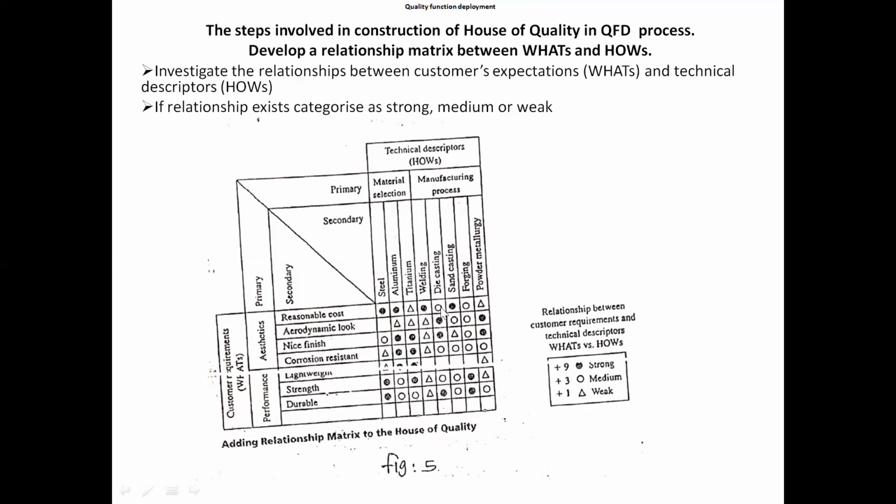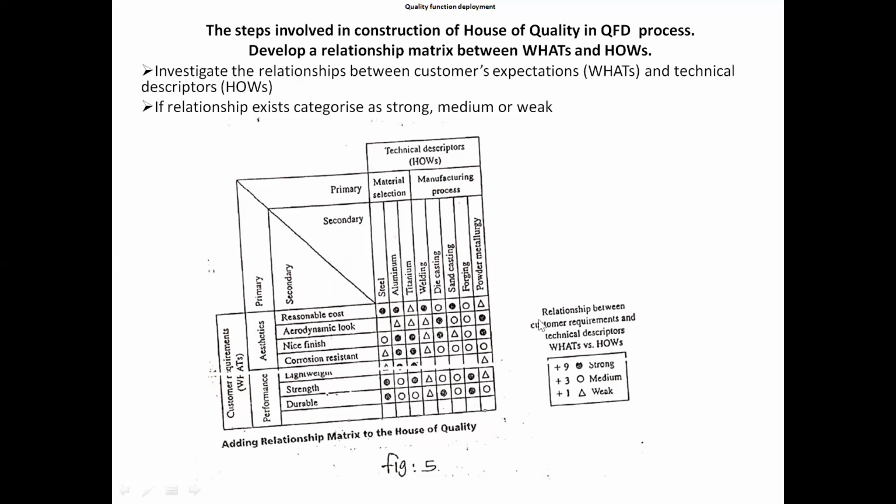Die casting, it is a reasonable cost. Sand casting, it is a reasonable cost. Forging, this is one. And powder metallurgy, this is weak. So aerodynamic look, steel strong, aluminum weak.